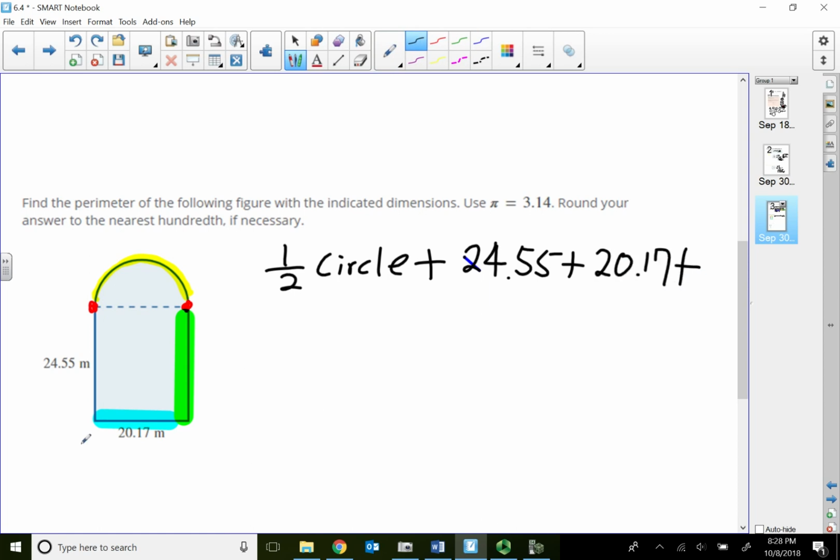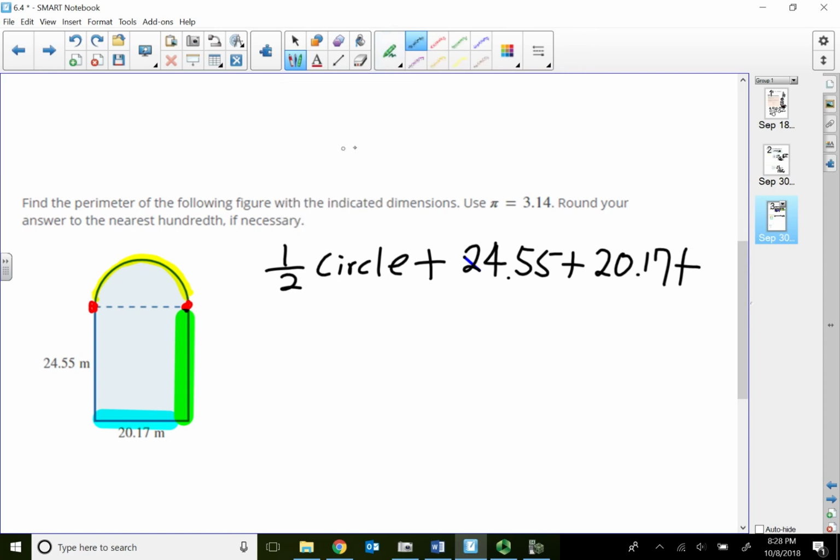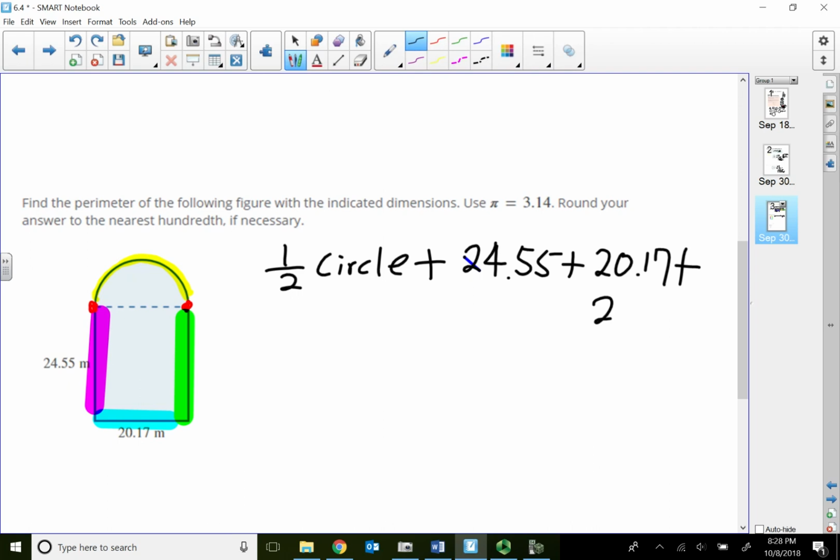And plus, traveling back up to where I started, I got to add another 24.55. So that will take me back to where I began.